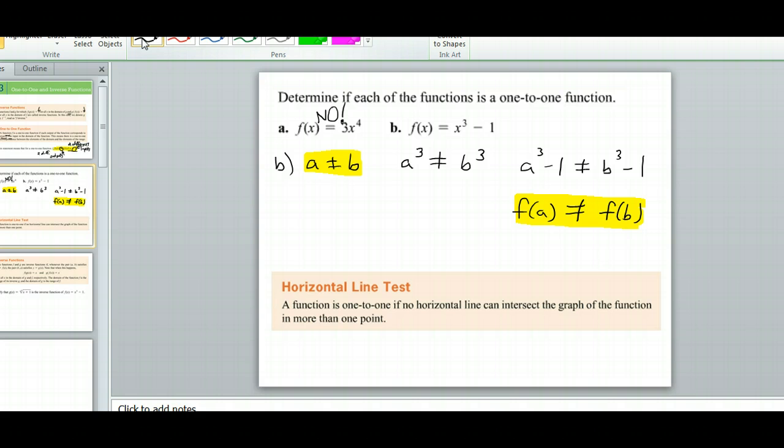Okay? So f of x equals x cubed minus 1 is 1 to 1. So up here we get a yes.